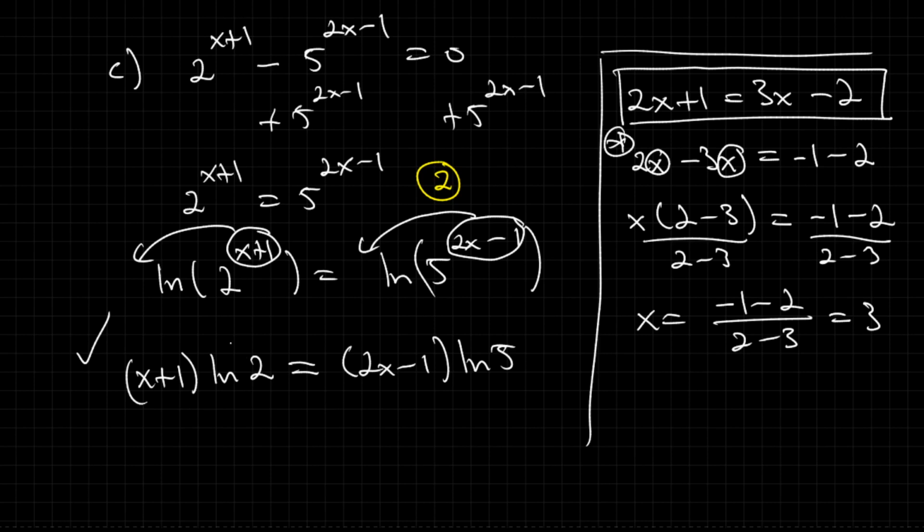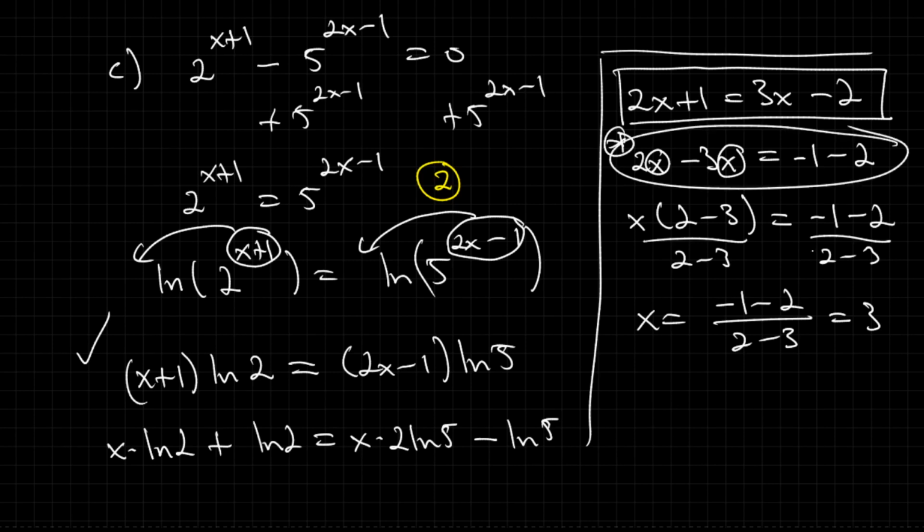So I distribute this ln 2 and distribute this ln 5, and I get x times ln 2 plus ln 2 equals x times 2 ln 5 minus ln 5. And now I'll apply that same methodology that we saw over here in factoring out an x once I get all the x's on one side.